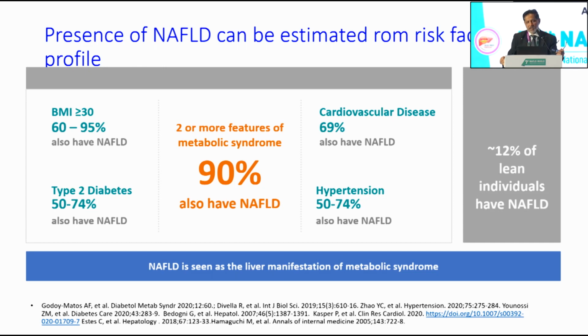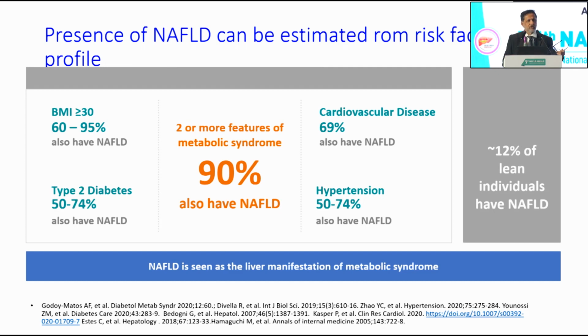These are data compiled from many different sources, and it shows that particularly if your BMI is over 30, you have type 2 diabetes, features of any existing cardiovascular disease, or hypertension, and something we don't talk a lot about is hypertension as a risk factor. But with all of these, and particularly if you have 2 or more features, then 90% of these patients will have excess fat in their liver.